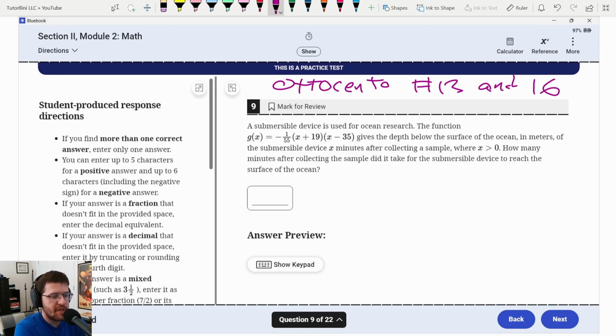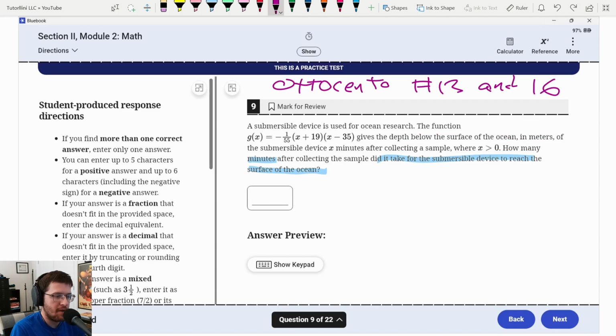So when it says how many minutes until it reaches the surface of the ocean, the depth below the surface in meters, that's the y.